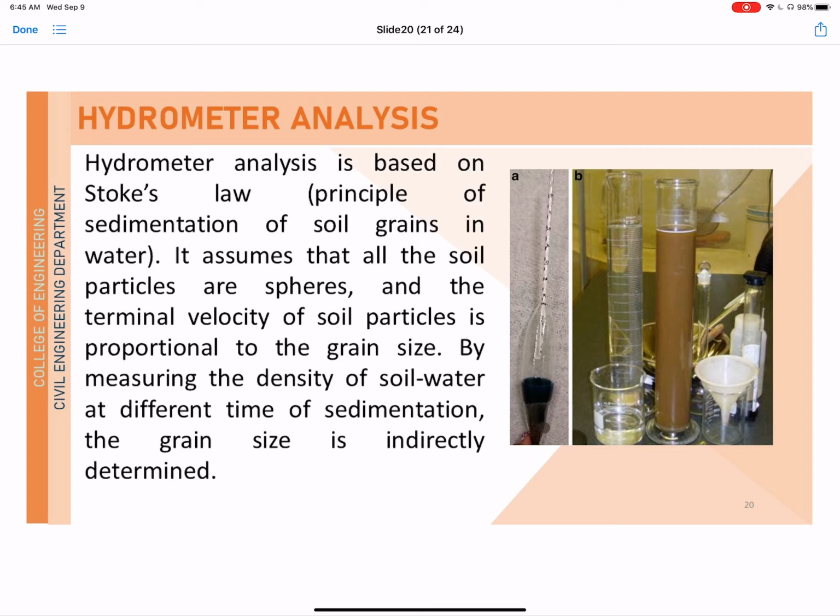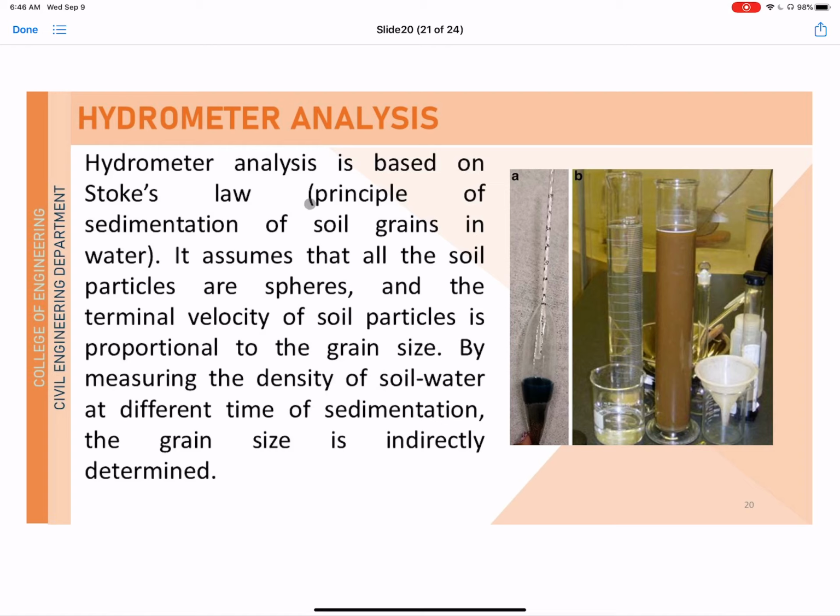It has a lead at the bottom of this small bulb, and a stem like a thermometer that measures the density of our soil. And then we have here a graduated cylinder, and our soil mixture.